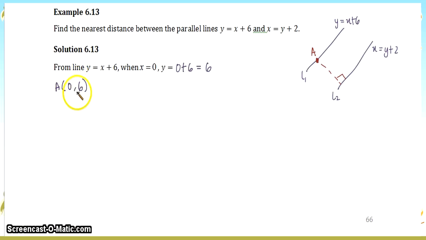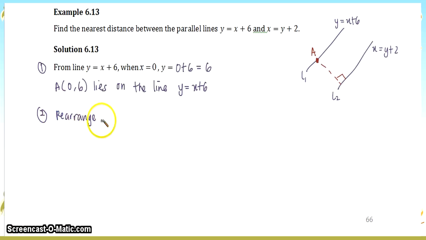So this point lies on the line y equals x plus 6. Okay, so this is the first step. Next, we need to find the distance from point A to line 2. To get the distance, we need to rearrange the equation of line 2.